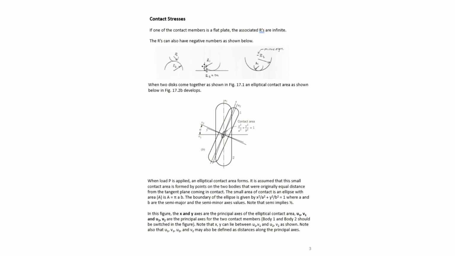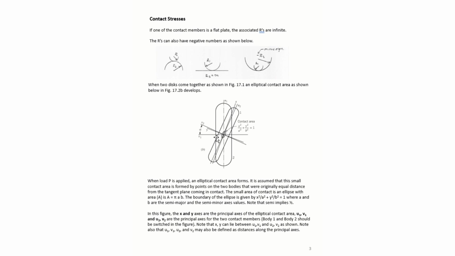If you had a body that was rolling on a flat surface, such as a railroad wheel on a railroad rail, R2 would be infinity, and R1 would be the radius of the wheel. You can also have negative values. For example, if you had a sphere or a cylinder rolling on the inside of another cylinder or sphere, the R2 would actually be a negative value.